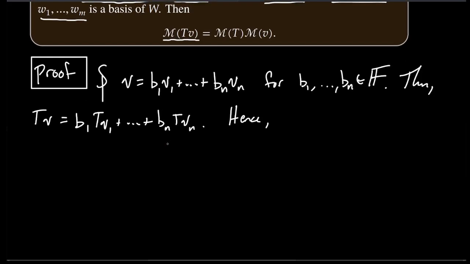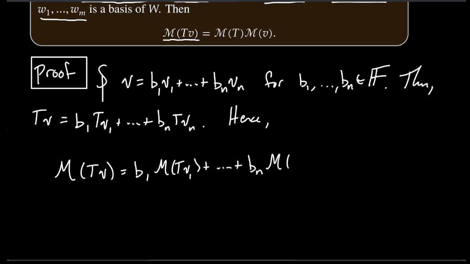These things are equal, so let's just take their matrices. The matrix of Tv is equal to, well, we know that this M operation is linear. It's b1 M(T v1) all the way down to bn M(T vn). Okay, nothing too crazy so far, right? We just did the same thing to both sides and used linearity.